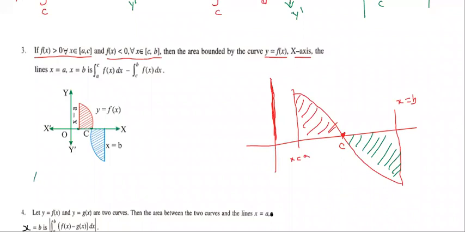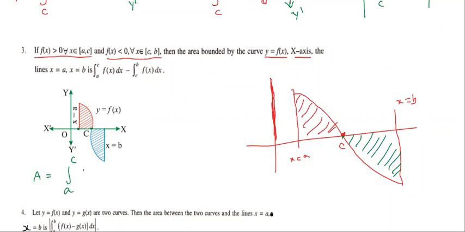Now finally, how to write it in definite integration form? See, integration a to c. Why am I taking c? The curve is intersecting the x-axis, so the total area is splitting into two parts. a to c is one part, c to b is another part.